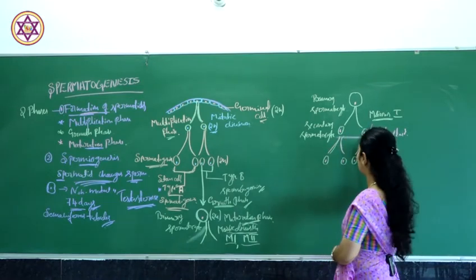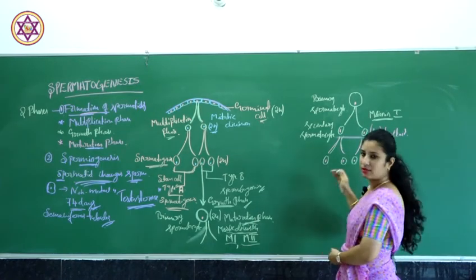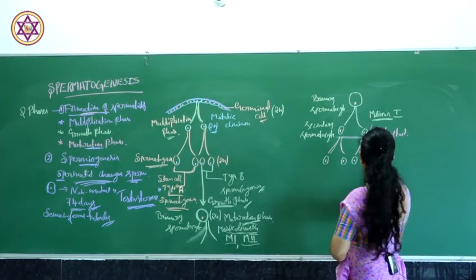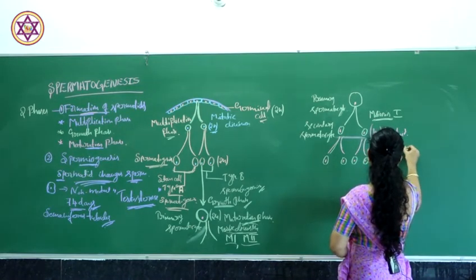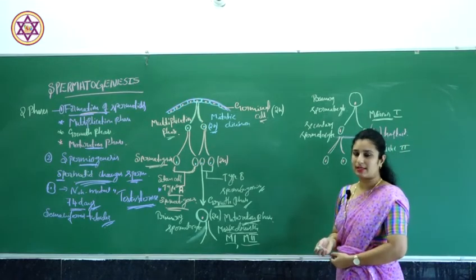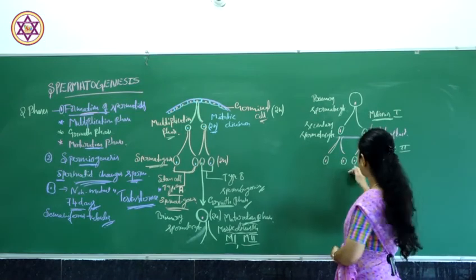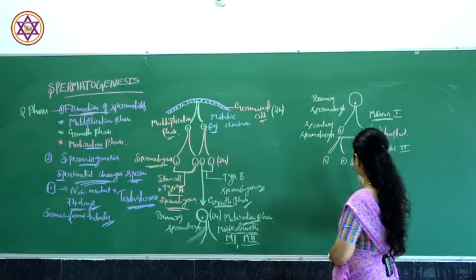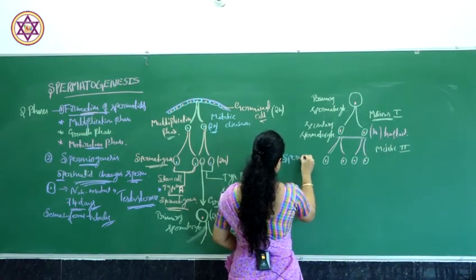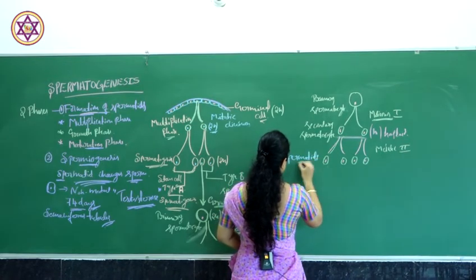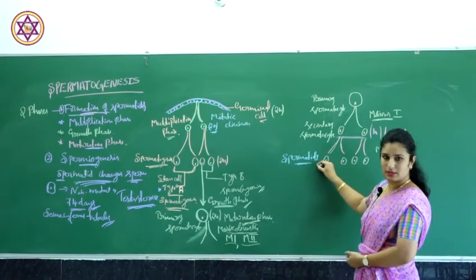This secondary spermatocyte undergoes meiotic II division, which is the same as the equational division or mitotic division, and each parent produces 2 daughter cells. These daughter cells are called spermatids.